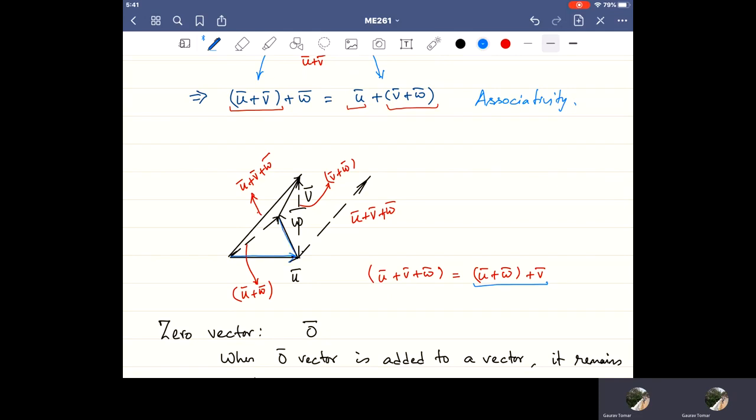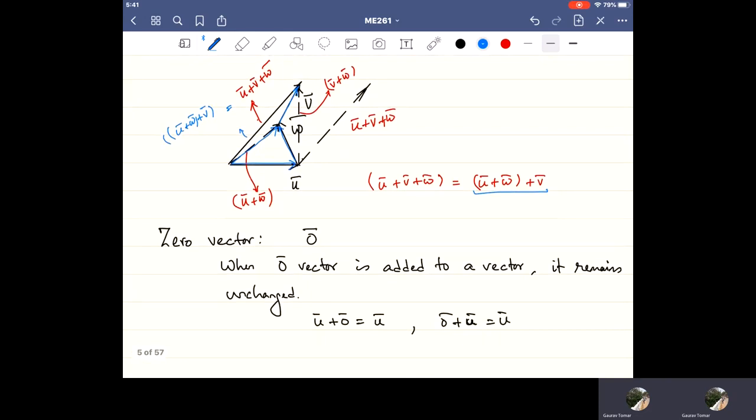You add W to it, you get U plus W, and then you place the V vector here, and then you get U plus W plus V, which is the same as U plus V plus W because it follows commutativity, right?